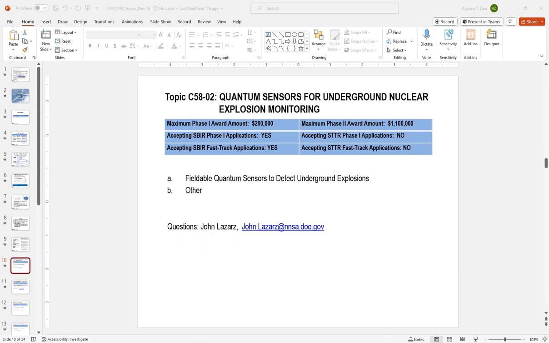One sensor category of interest is quantum electromagnetic sensors, which can provide potentially useful detection thresholds in configurations that can be fielded with small areal footprints, minimal weight, and low power requirements. So we're soliciting research in quantum sensor approaches which may be useful in underground nuclear explosion monitoring applications.